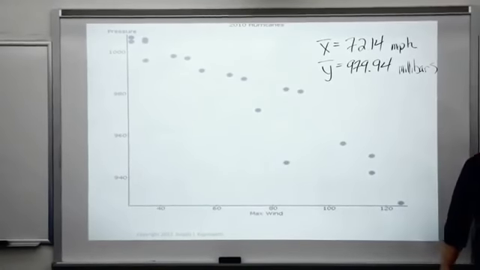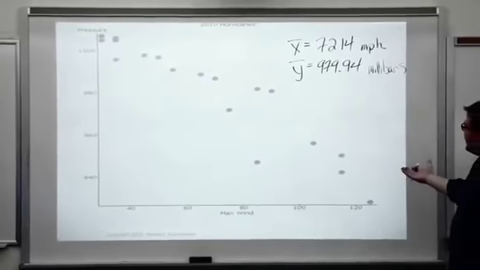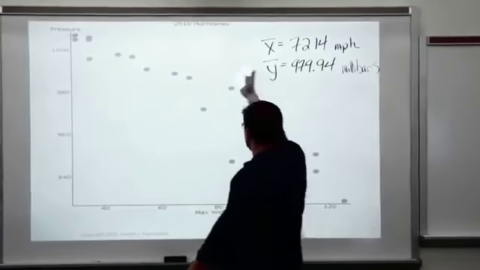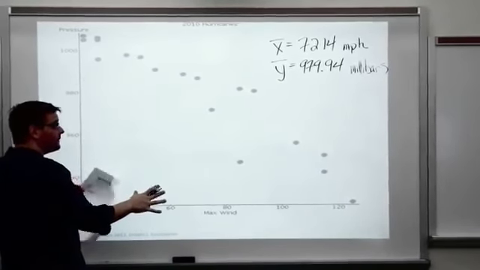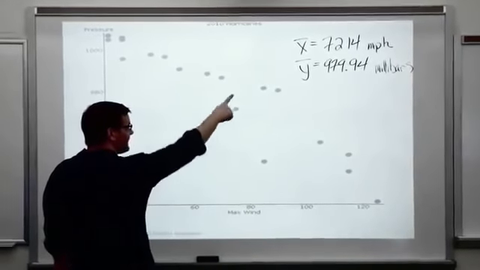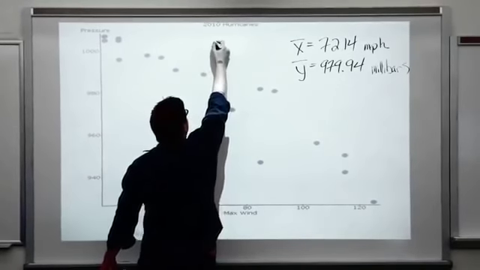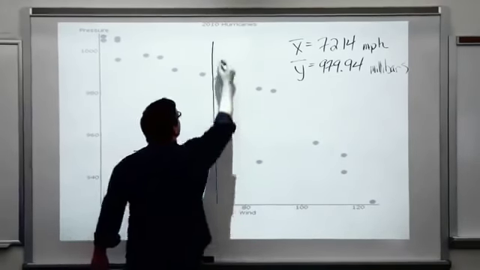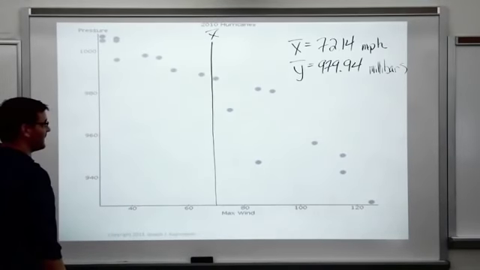I'm going to guess millibars, but who knows? I think that's right. And let's put those, like we did last time, we have not converted to z-scores, but we could. Let me put a line at 72.14, which would go right about here. And so somewhere there is X bar at 72.14.